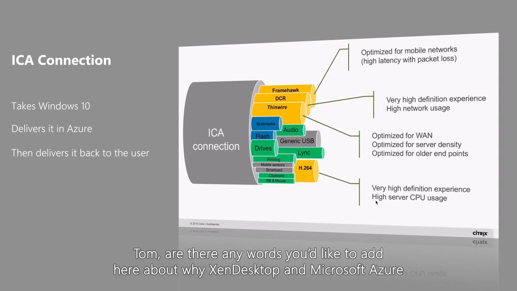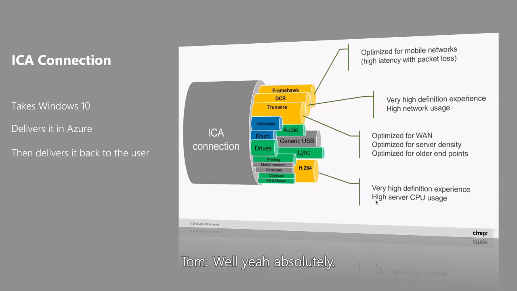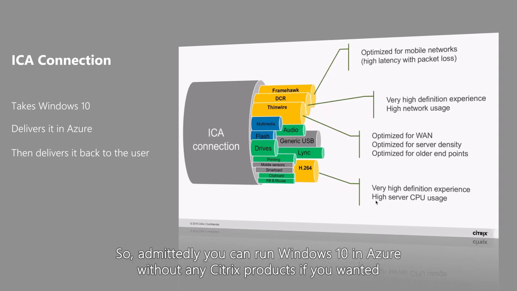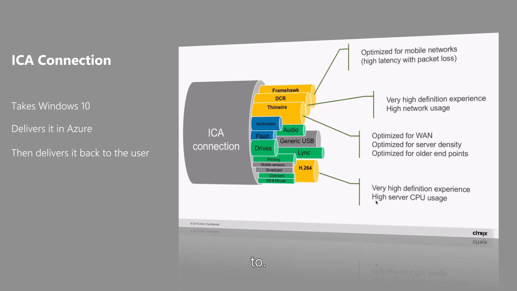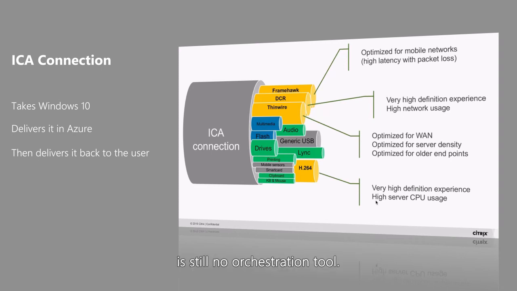Tom, is there any words you'd like to add here about why XenDesktop and Microsoft Azure is such a great fit, and then alongside Windows 10 an even better fit? Well, yeah, absolutely. Admittedly, you can run Windows 10 in Azure without any Citrix products if you wanted to. So you can deploy hundreds of Windows 10 VMs and connect to them via RDP, but there is still no orchestration tool.